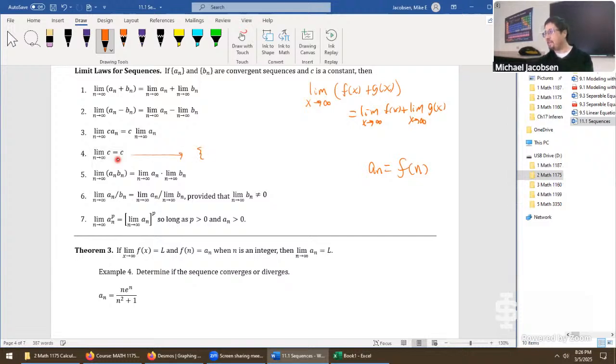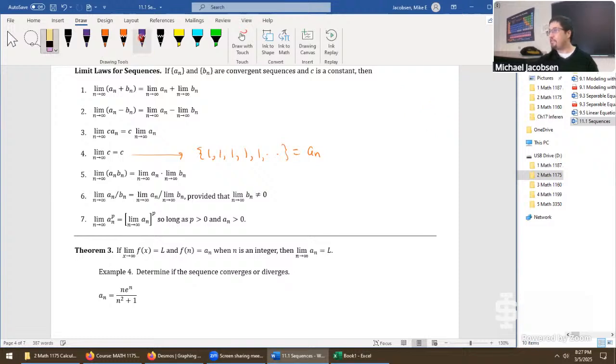It would say, if your sequence goes 1, 1, 1, 1, dot, dot, dot, because it has to be an infinite sequence, equals a_n, then by limit law 4, all we would say is limit as n goes to infinity of a_n, it's a constant function, it's literally just 1, is 1 itself.